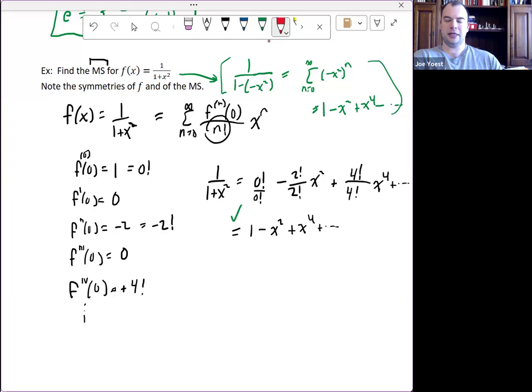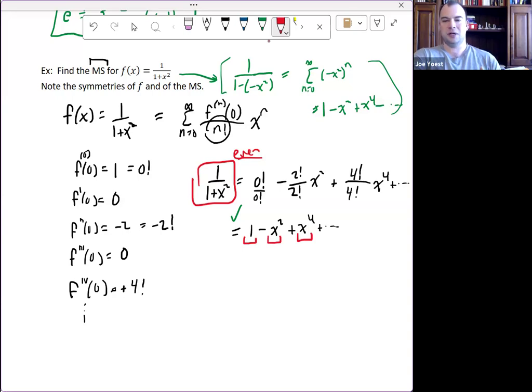The other thing I want to point out is that this is an even function, right? If I replace x with negative x, I get the same thing back. Why do we call it an even function? That seems like a strange name for this type of symmetry, where I'm swapping x for negative x, or flipping about the y-axis and it looks the same. It's an even function because its Maclaurin series only has even powers.